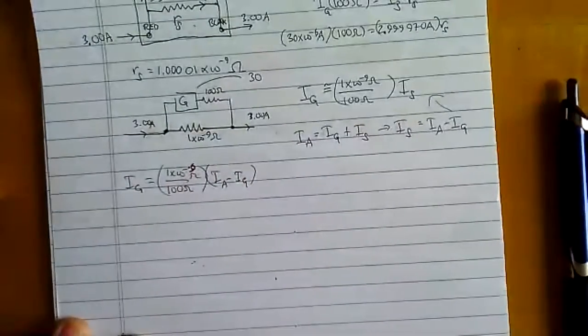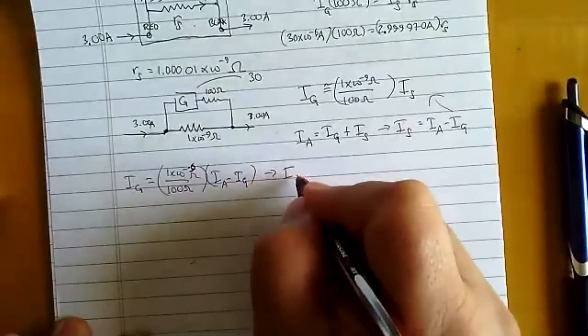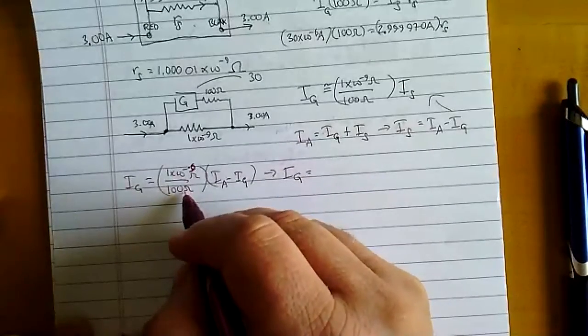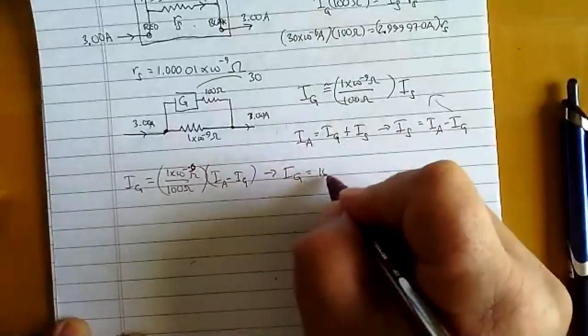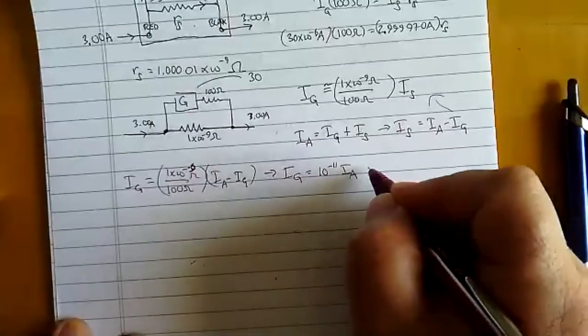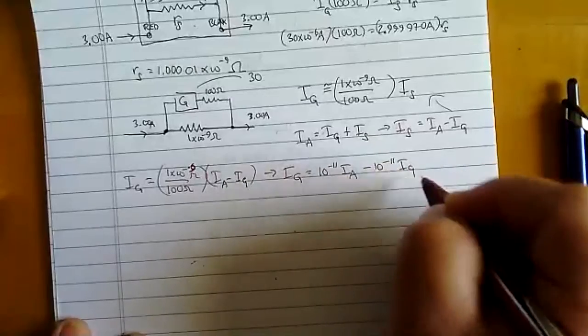So we've got IG related to IG. I'm going to distribute all this and say IG is equal to, notice 10 to the negative 9th divided by 100 is 10 to the negative 11th, so it'll be 10 to the negative 11th IA minus 10 to the negative 11th IG.